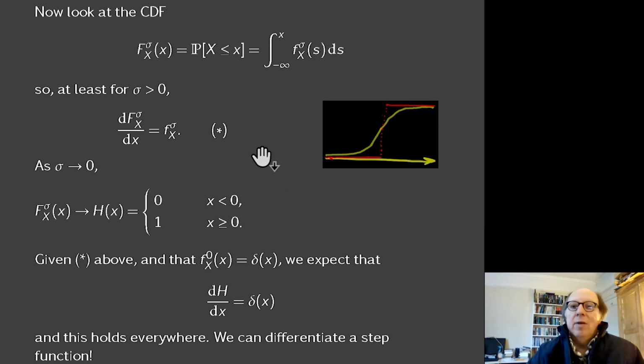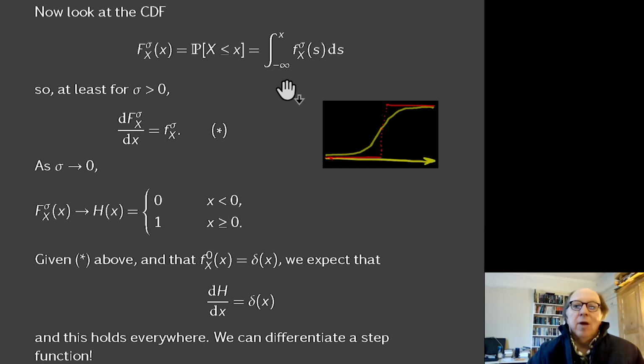Now let's have a look at the cumulative distribution function. So we'll call this capital F_X, which is the integral from -infinity to x of f_sigma of s ds, and it's the probability that X is less than or equal to x. Notice there's a less than or equal to there.